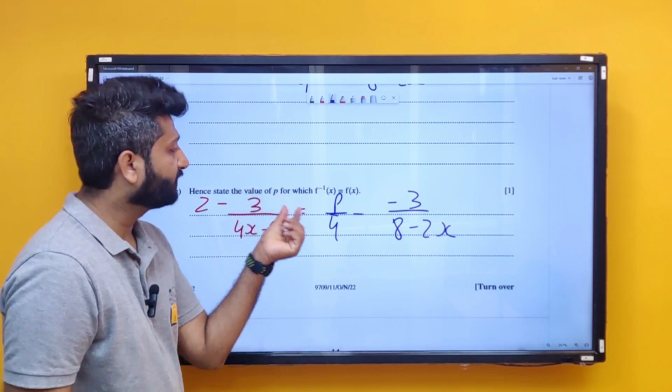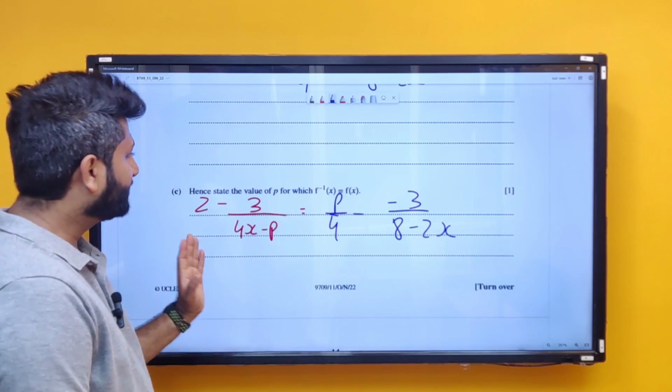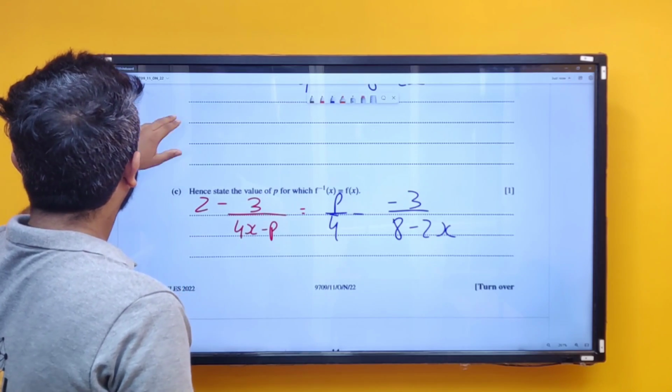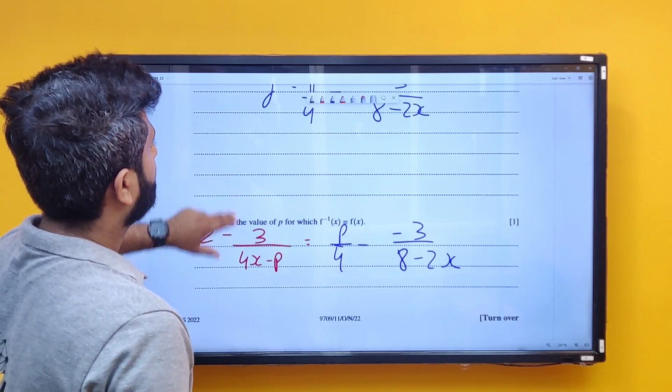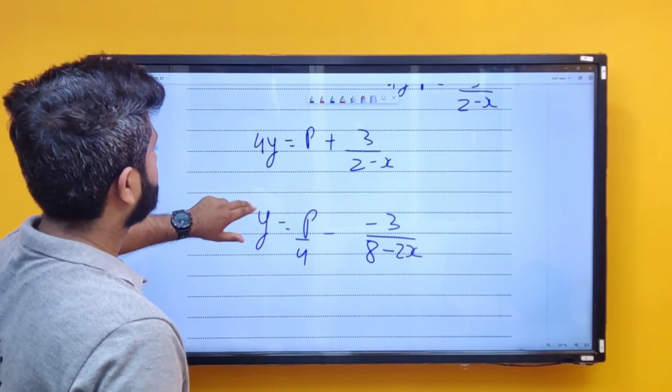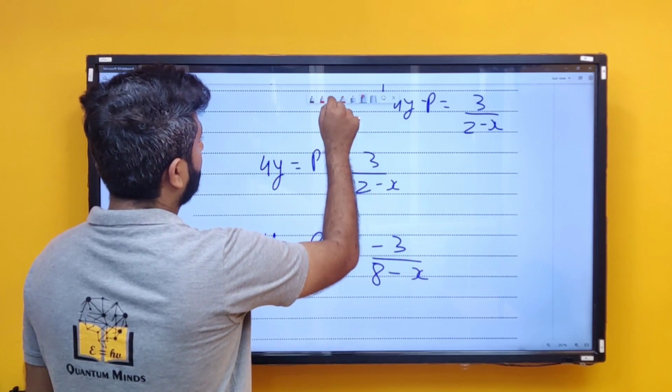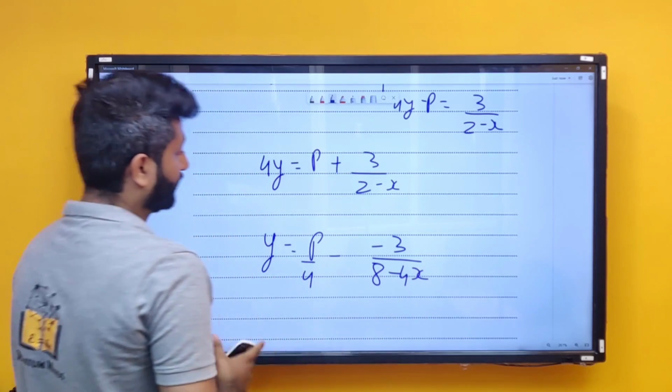Now find the value of p for which both of them are equal. Now I think both these equations are a bit identical. Just a second guys, 8 minus 4x, sorry.